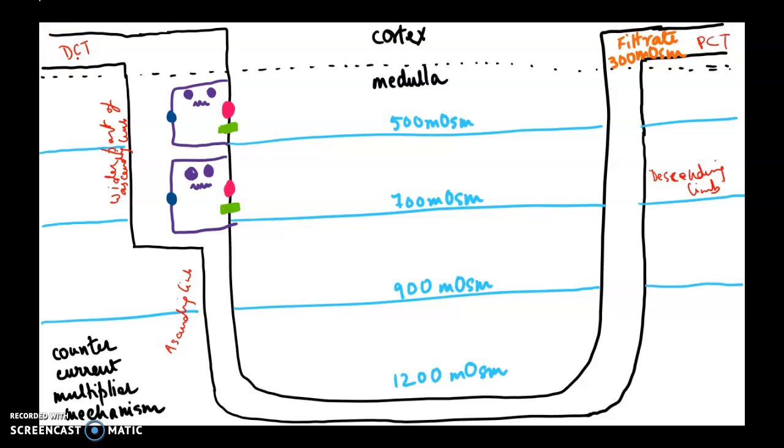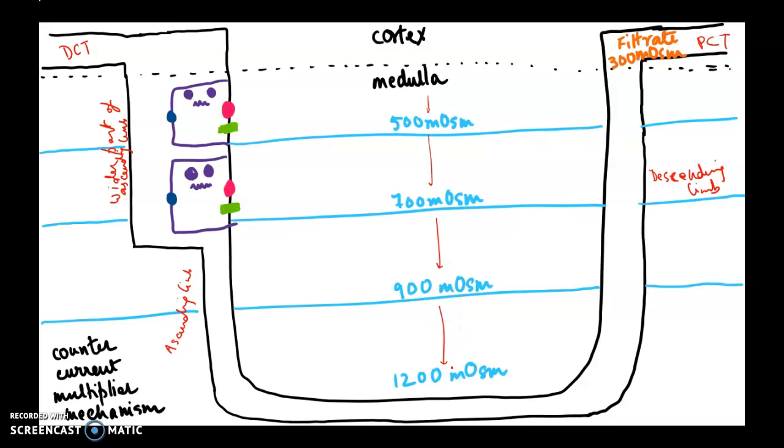All right. We also see the cortex and the medulla, and we do understand that the nephron loop dips down into the medulla as a hairpin structure. And then we also see the gradient in the interstitial space. As we move down the medulla, there is this increasing salt gradient, right?